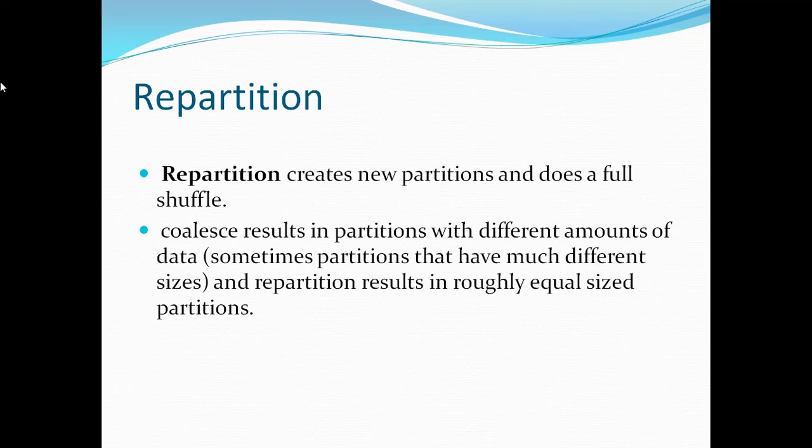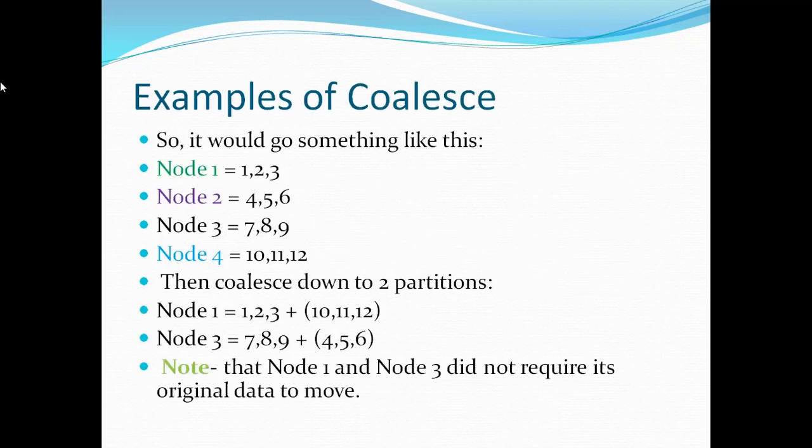That is the biggest advantage of repartition, because data is fully shuffled across different nodes. Earlier in coalesce, only node 4 data came to node 1 and node 2 data came to node 3, so only two nodes' data was shuffling.